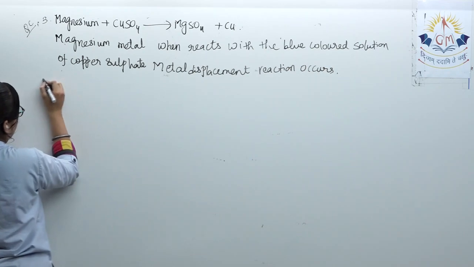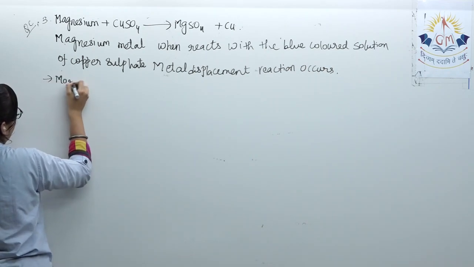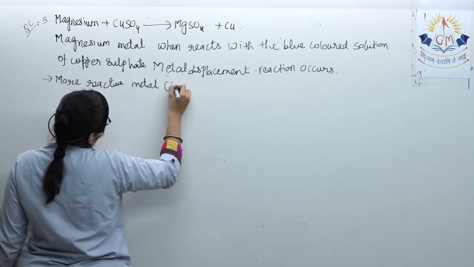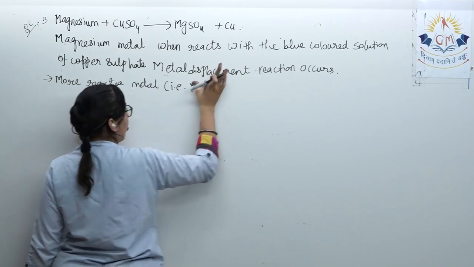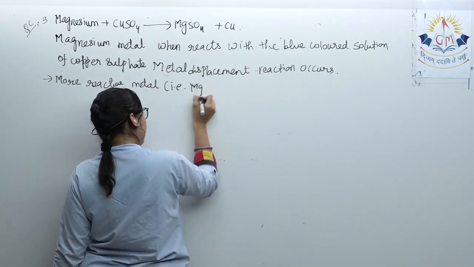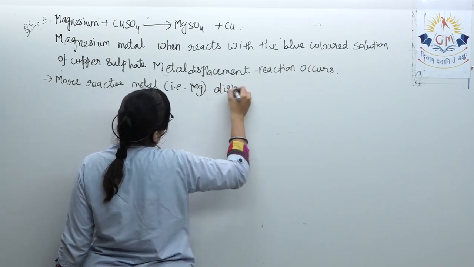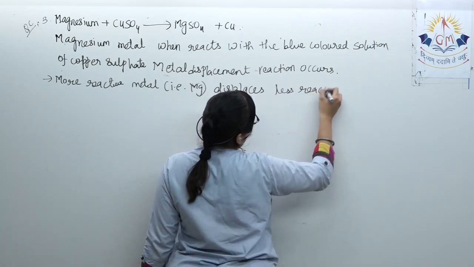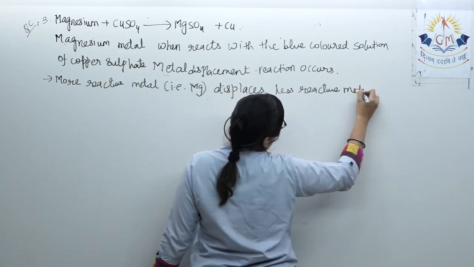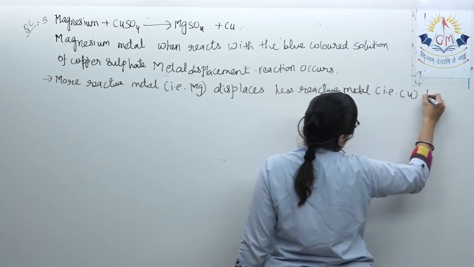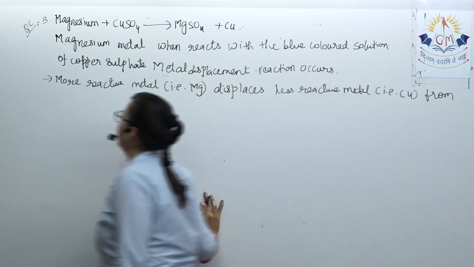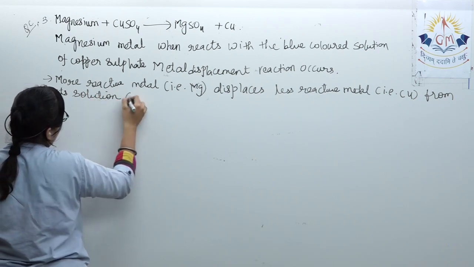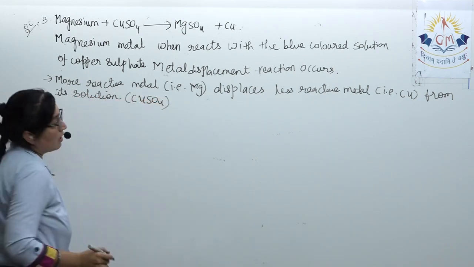More reactive metal, that is magnesium, displaces less reactive metal, that is copper, from its solution, which is copper sulfate solution.